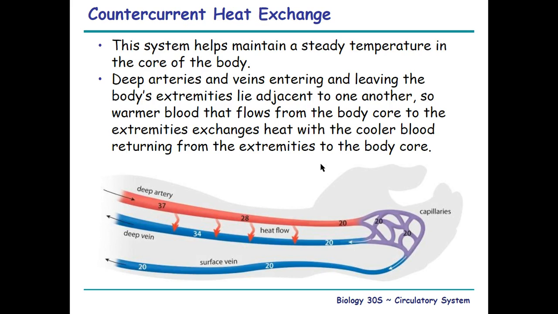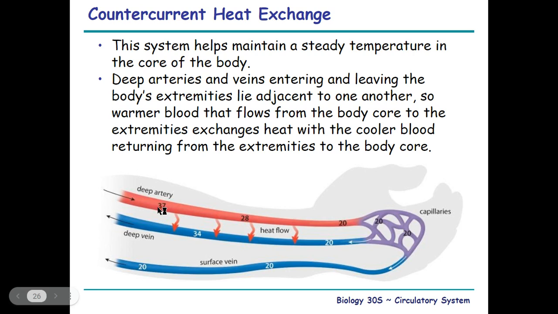Countercurrent heat exchange. This system helps maintain a steady temperature in the core of the body. Deep arteries and veins, entering and leaving the body's extremities, lie adjacent to one another. So warmer blood that flows from the body core to the extremities exchanges heat with the cooler blood returning from the extremities to the body core.